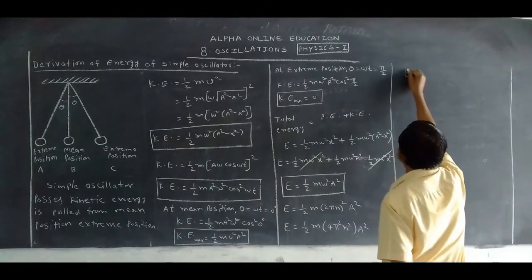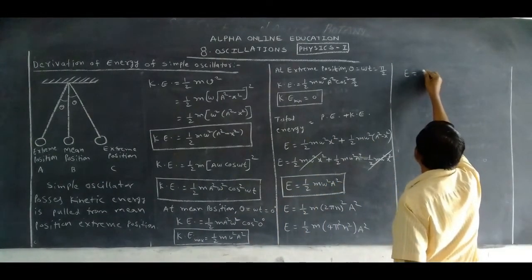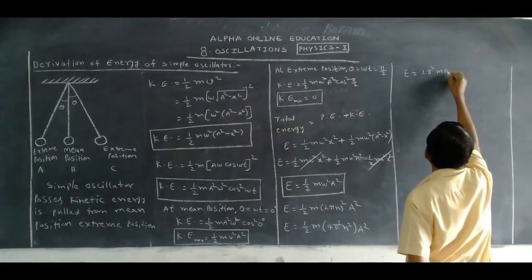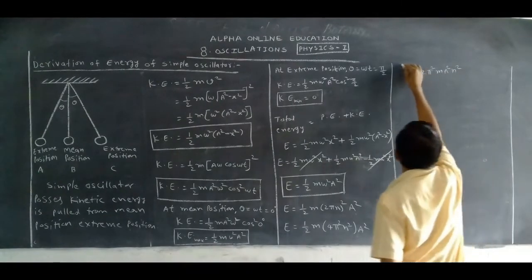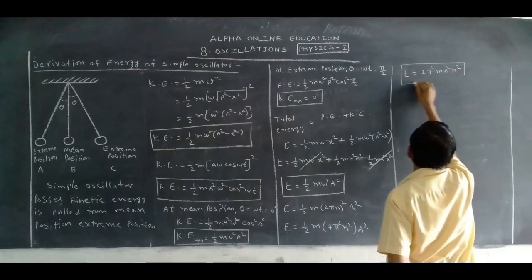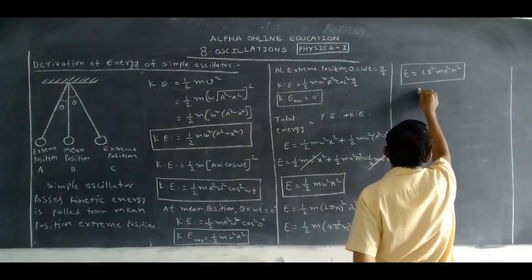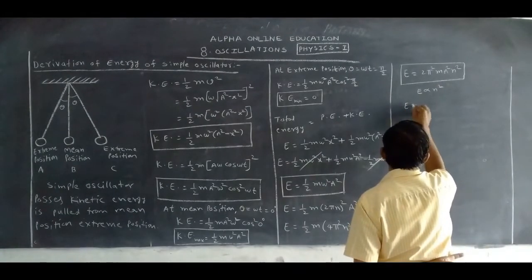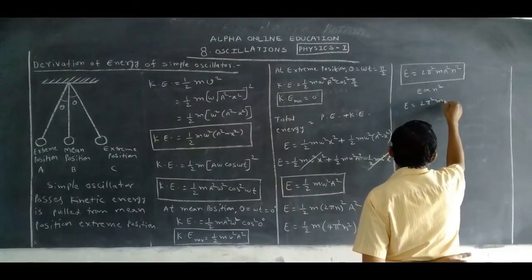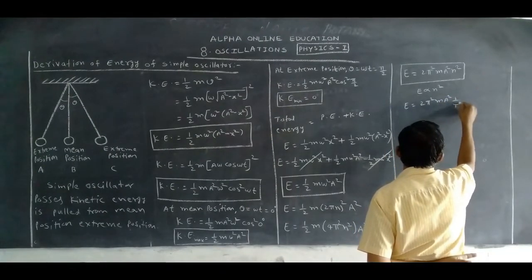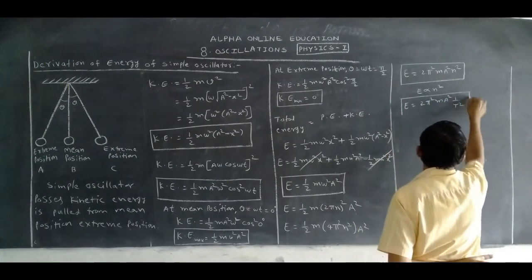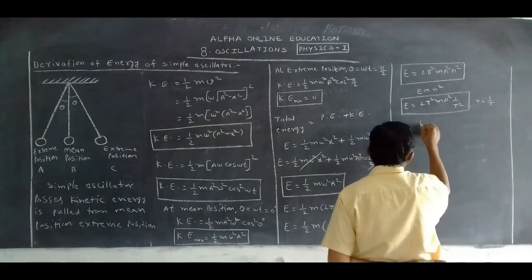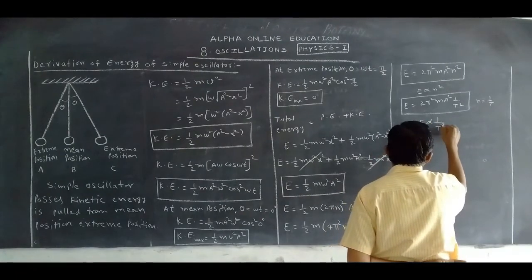So it is equal to 2 pi square m a square n square. So what we can get here? E proportional to n square, is equal to 2 pi square m a square into 1 by t square. Why? n is equal to 1 by T. So E proportional to 1 by T square.